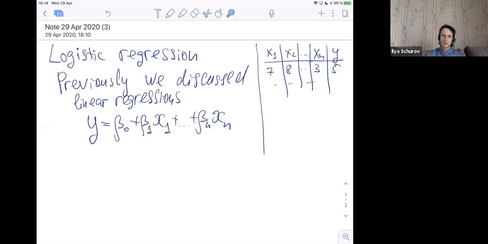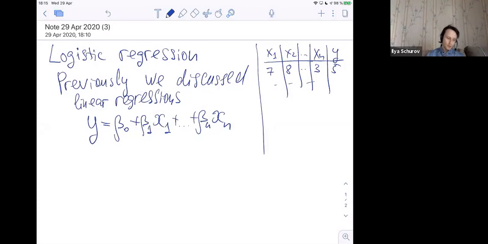So we believe that there is some kind of functional relationship, that y depends on these values in some way, and we want to uncover this dependency from our data. So we want to find what is the rule that allows us to find y using knowledge of these variables.